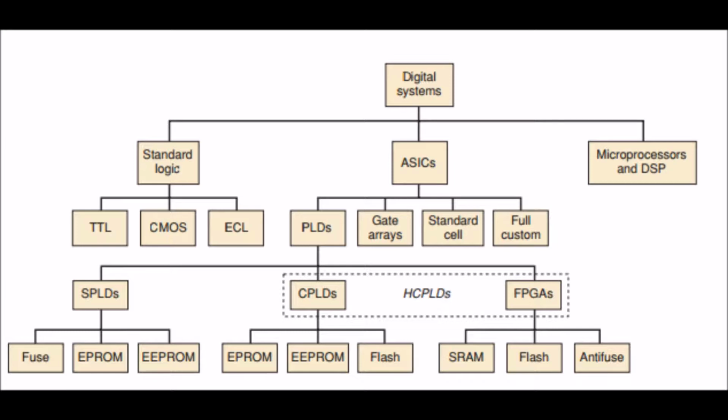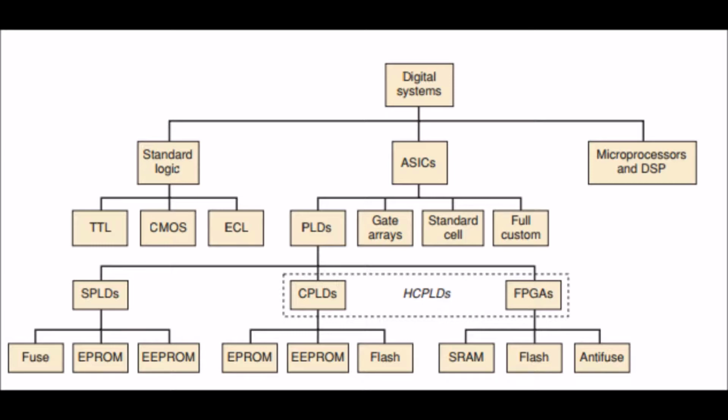As you can see, digital systems are divided into three categories, which are standard logic, ASICs, and microprocessors and DSP. Standard logic we already saw in the last videos, and now we're going to focus on the ASICs.